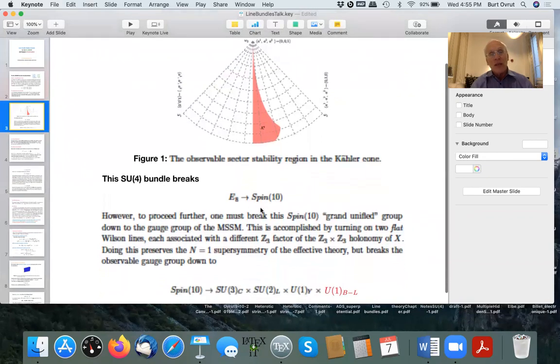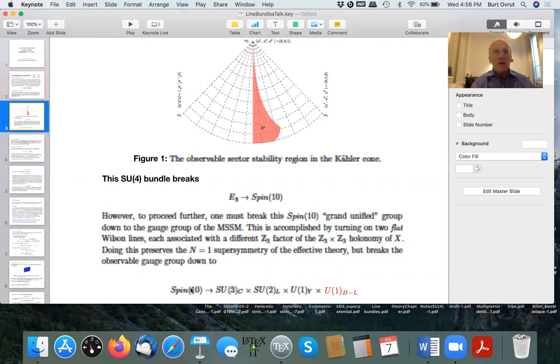It breaks E8 down to Spin(10), but then it has a Z3 x Z3 isometry, which when you mod it out, you can get Wilson lines, and those Wilson lines, which in this talk we will turn on simultaneously, each of them have their own mass scale. We'll take them to be the same.